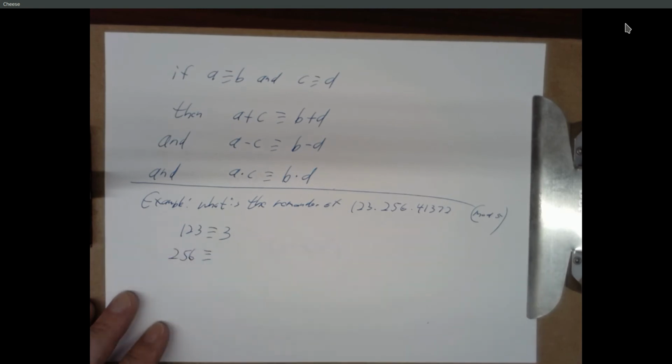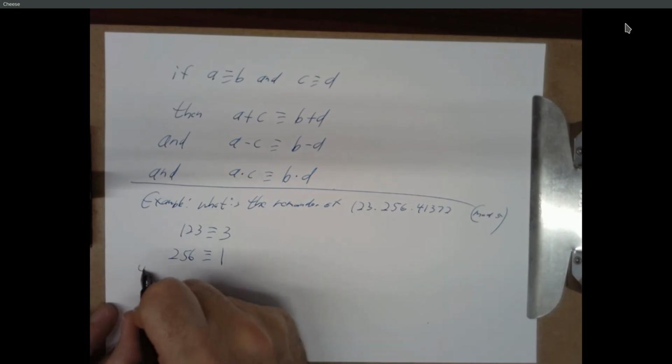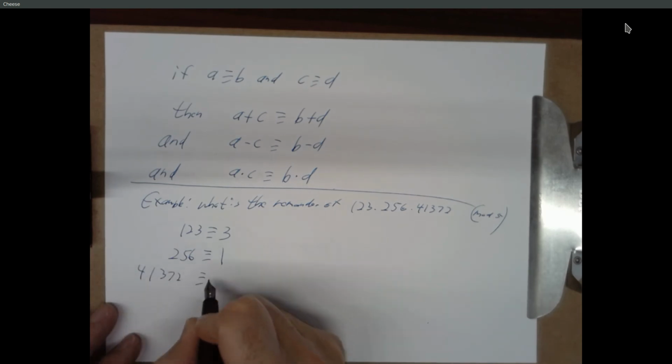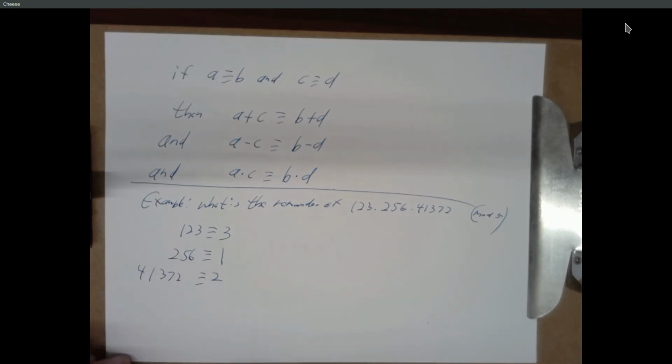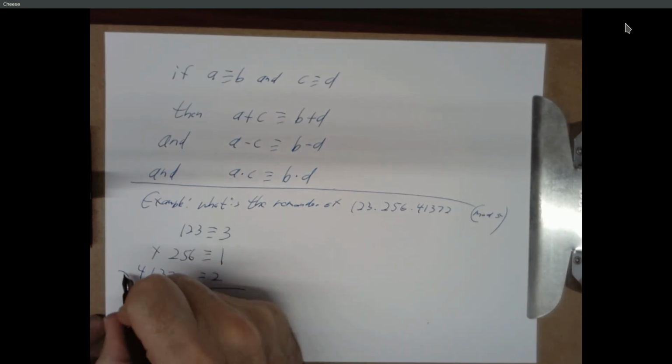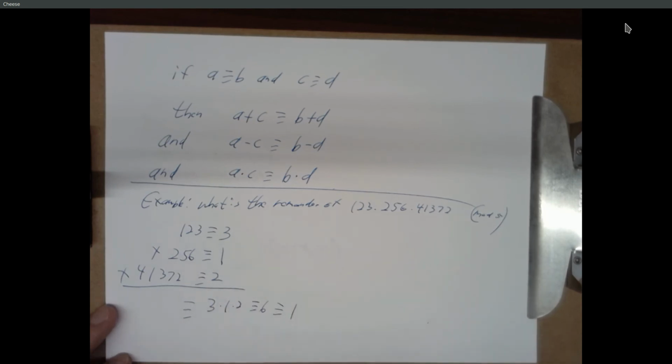So 256 is congruent to 1, one more than a multiple of 5, 255. And 41,372 is congruent to 2. It's 2 more than a multiple of 5, which is 41,370. If I multiply these together, it's going to be congruent to 3 times 1 times 2, which is 6, which is congruent to 1.